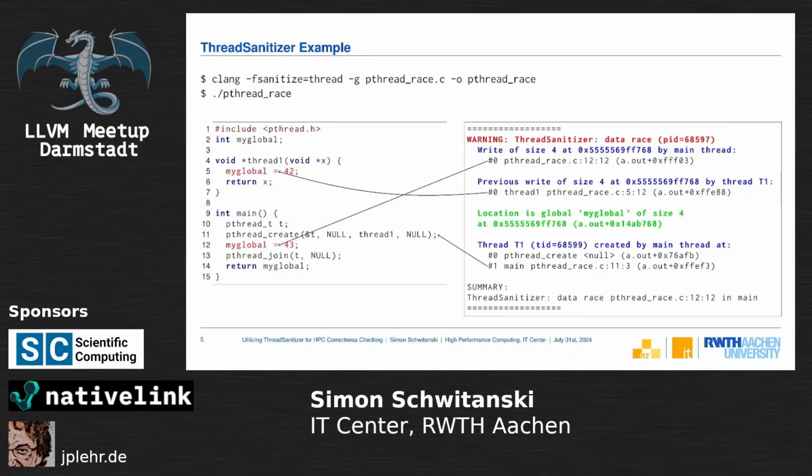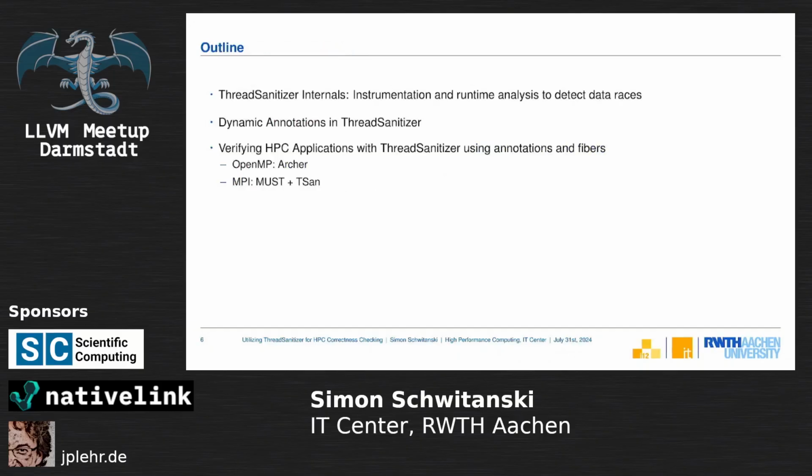Okay, so that's the simple example. In this talk, I would like to shortly discuss a little bit the internals of how this is working. So how is this instrumentation working? How does this runtime analysis work? And then I would like to talk about an important tool that we use for HPC correctness checking in the end.